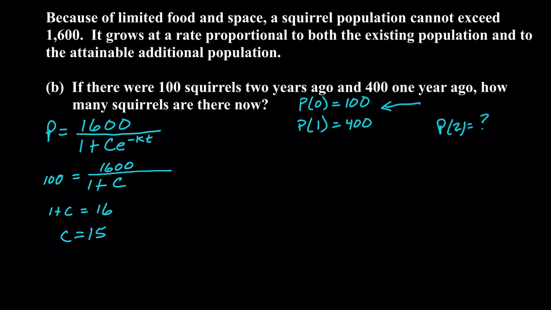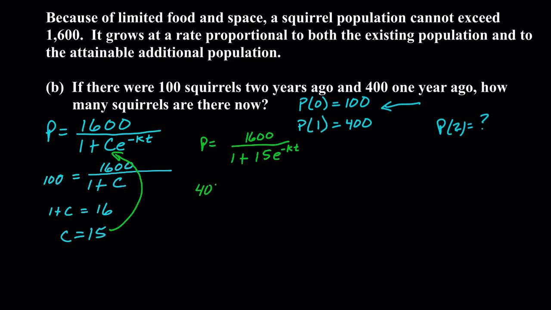All right, so we can substitute that value back into our problem here, giving us P is equal to 1,600 over 1 plus 15 e to the negative kt. Now we use our other coordinate to find the value of k.